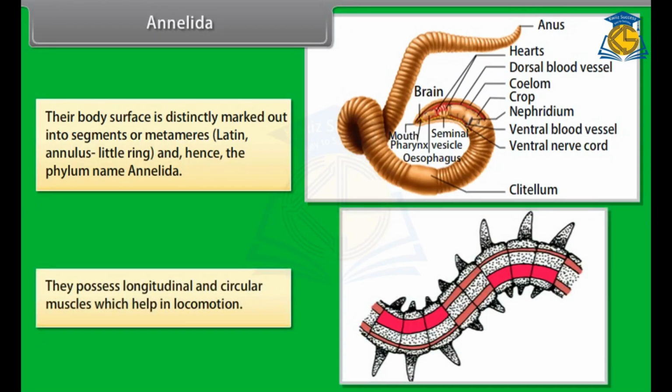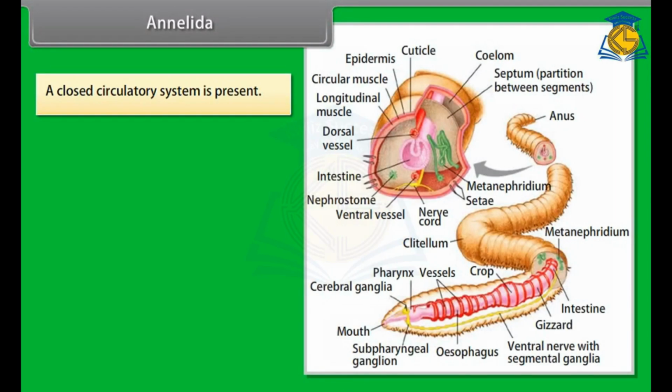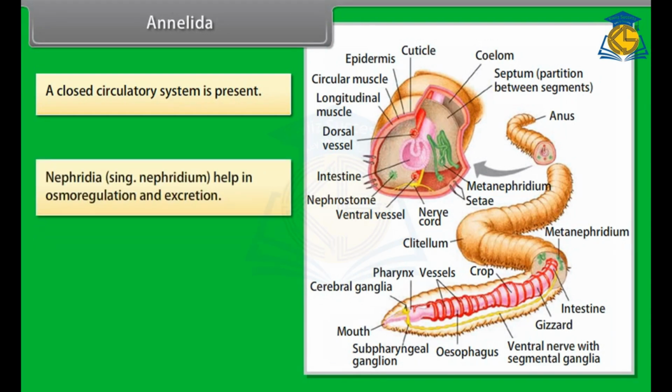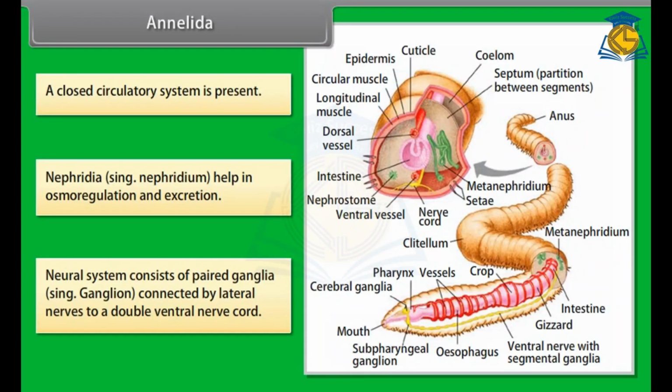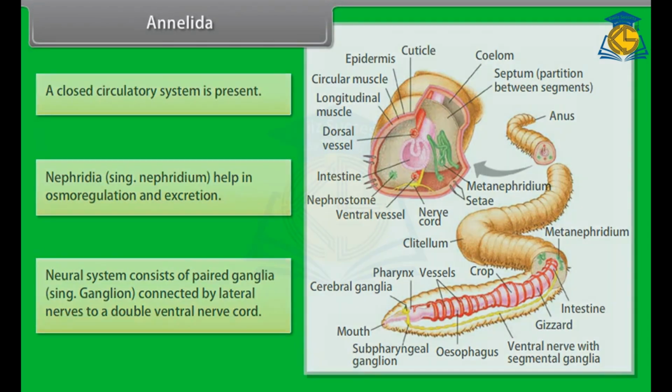They possess longitudinal and circular muscles which help in locomotion. A closed circulatory system is present. Nephridia, the singular for nephridia is nephridium, help in osmoregulation and excretion. Neural system consists of paired ganglia, the singular of ganglia is ganglion, connected by lateral nerves to a double ventral nerve cord.